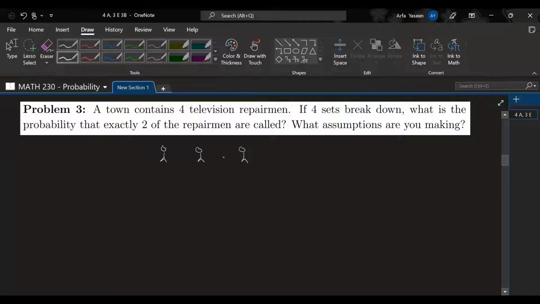For now, don't think about the condition that there are going to be exactly 2 repairmen. Just think about all the possible arrangements. Then we can work towards the probability of choosing exactly 2 repairmen. So we have to select repairmen, then we have to select televisions.